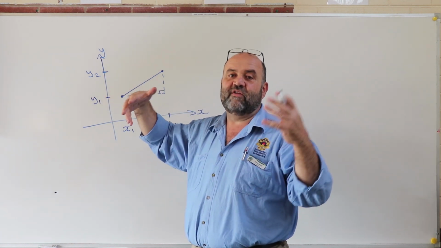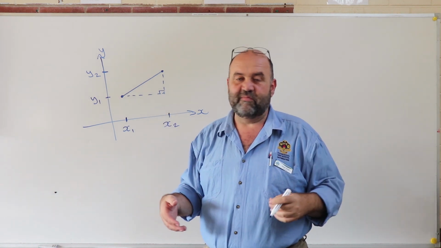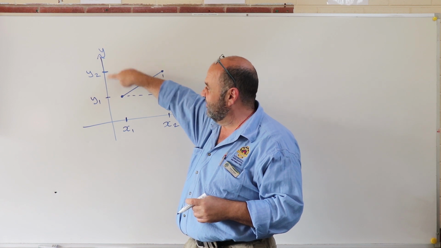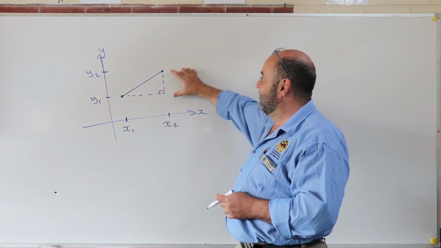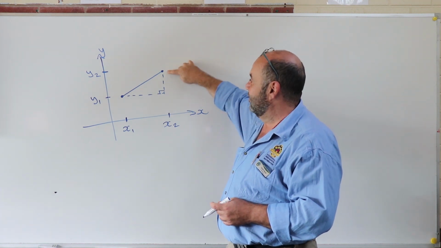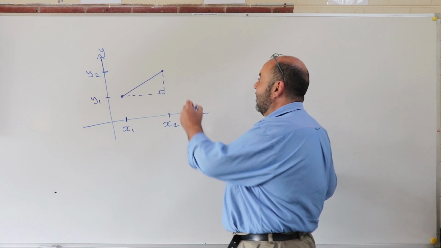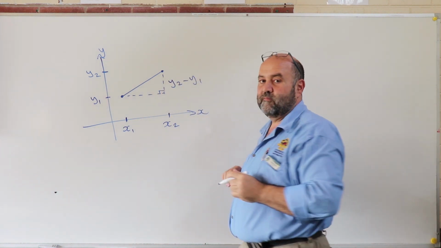Well, the way you get that between 21 and 16 is 5 is of course through subtraction. So the distance between this number and this number we find by subtraction. This distance over here, the vertical part of my triangle, is equal to y2 minus y1.